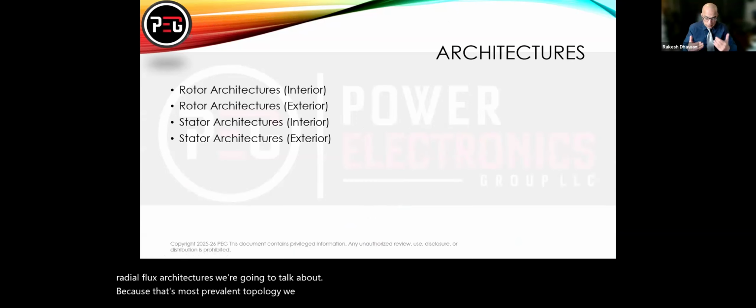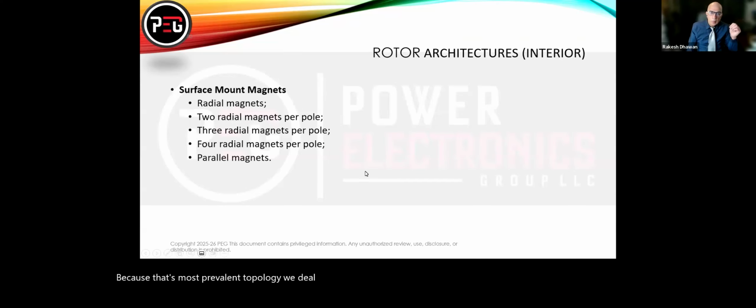So interior and exterior rotor and stator architectures, that's what we're going to look at. Okay, so starting with rotor architectures, interior surface mount magnets. Here we have several different flavors: radial magnets, 2 radial magnets per pole, 3 radial magnets per pole, 4 radial magnets per pole, or parallel magnets.